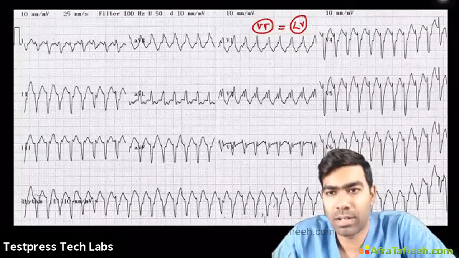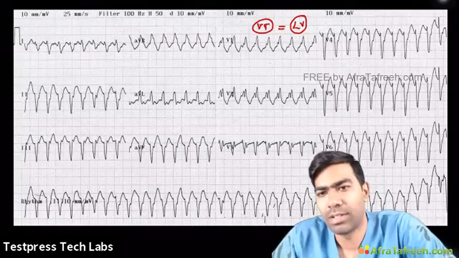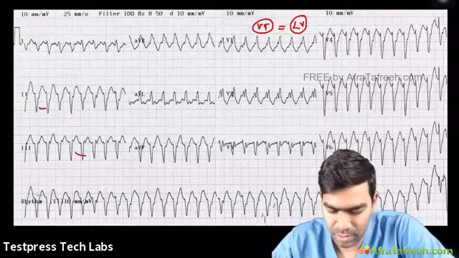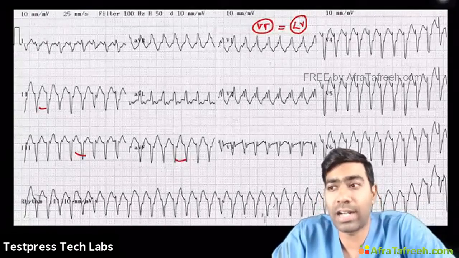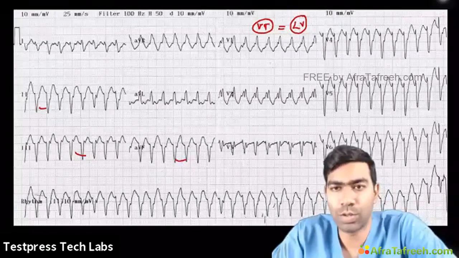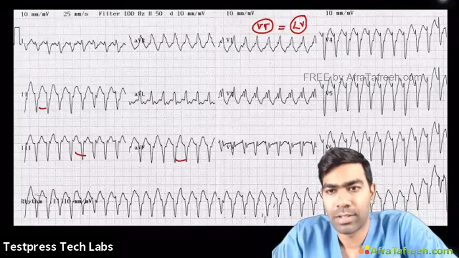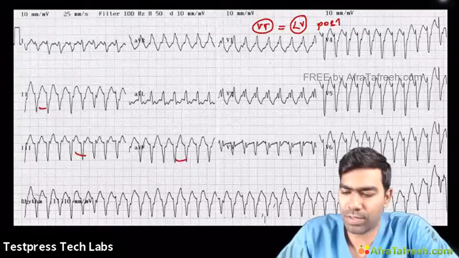Keshav, anterior. How is it anterior? Tell me. See II, III, aVF. II, III, aVF is negative. If II, III, aVF is negative, it suggests an anterior fascicular block pattern, which means it's a posterior conduction. So it's a posterior VT, LV posterior surface.